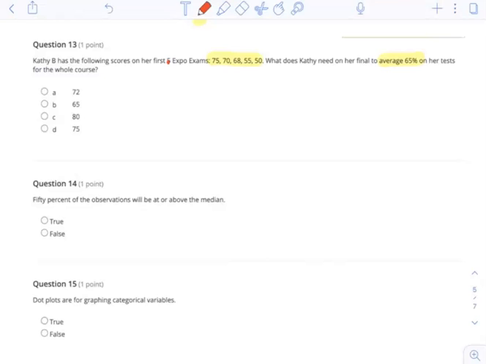There's going to be a total of 6 tests because we have taken 5 already and there's one more left. So what we want to do is start adding up the numbers that we already have.